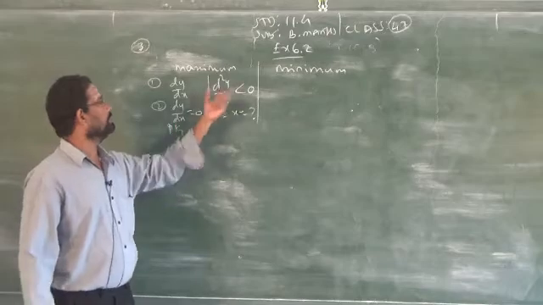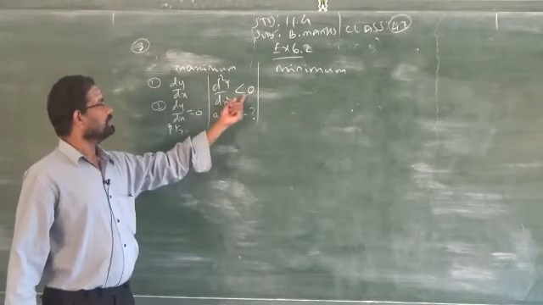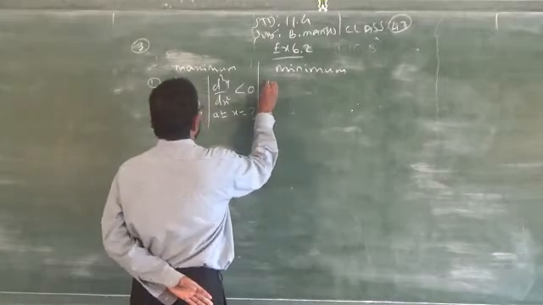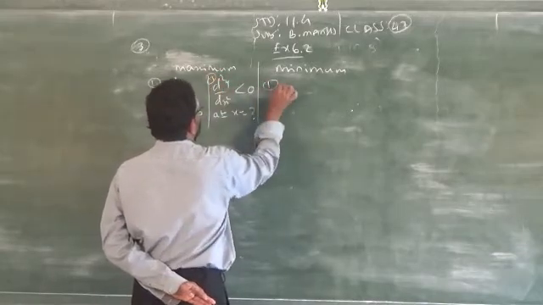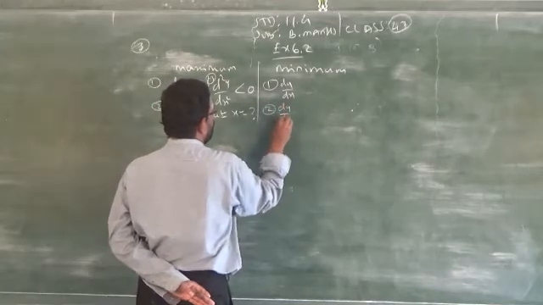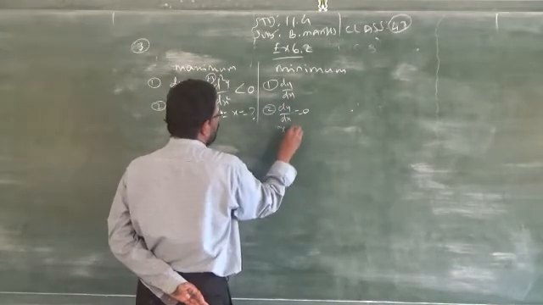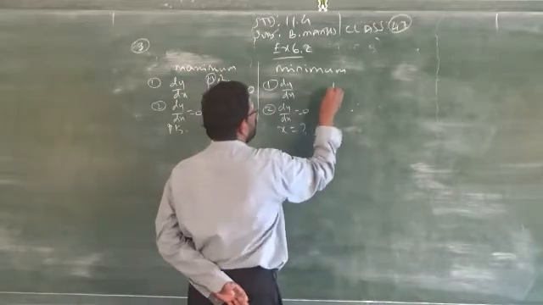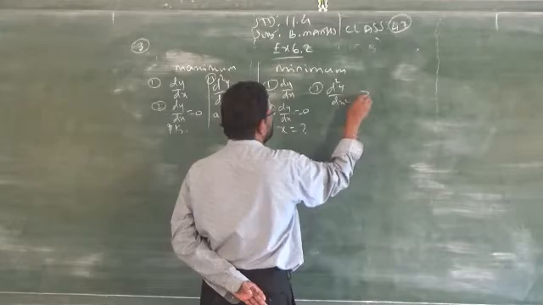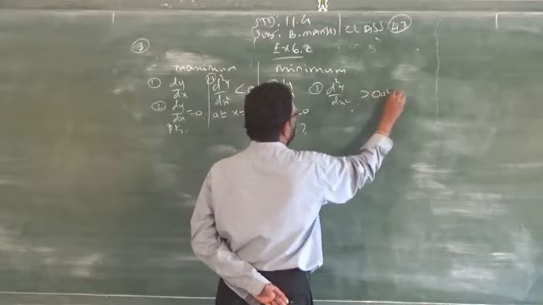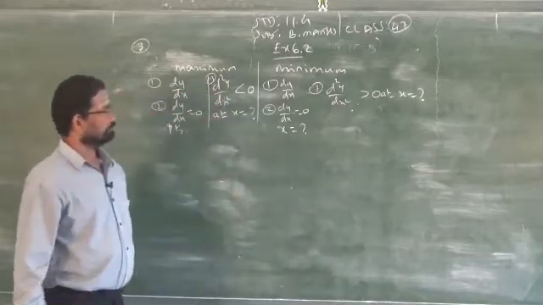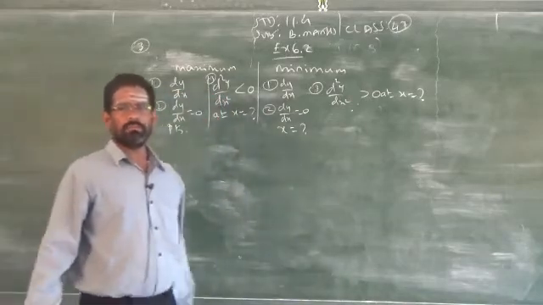If you replace them in the second order and the answer is less than 0, then it is maximum. Same concept for minimum: first order equal to 0, find points, then substitute in the second order. When the answer is greater than 0 at x equal to whatever the point, then it is minimum. That's all. This is the maximum, minimum.